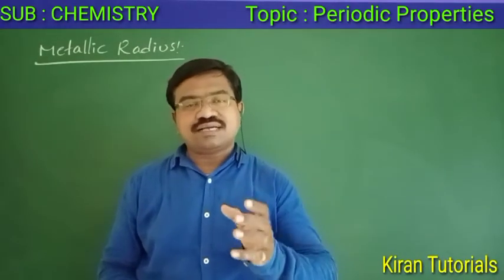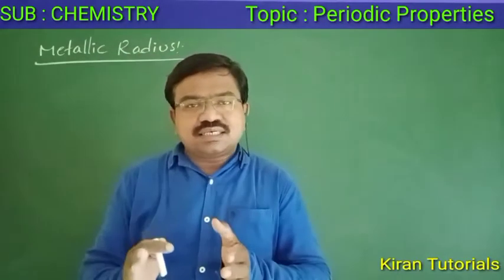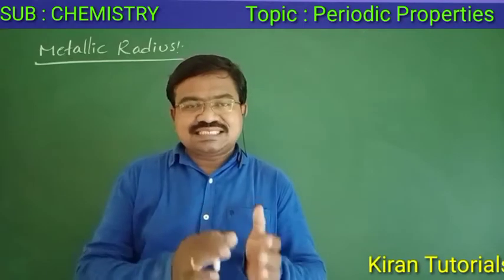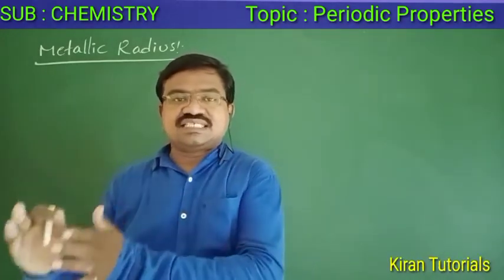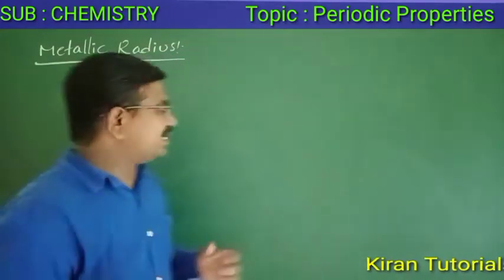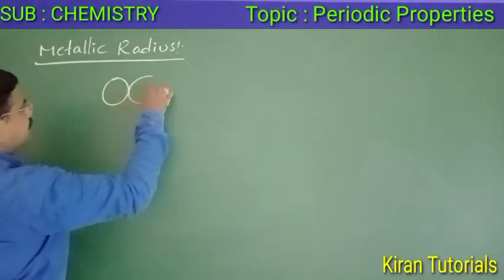The second one, metallic radius. What is metallic radius? The definition is the same. Half of the internuclear distance between adjacent atoms of a metallic crystal is called metallic radius. Means two metals are present. See, it is one metal and it is another metal.